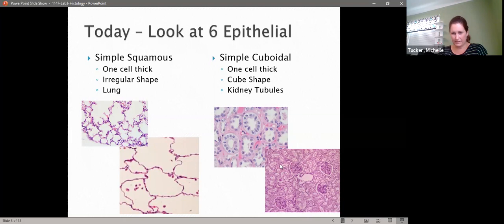This is a kidney tubule here. This is a glomerulus, and the glomerulus tells you that you're looking at kidney structure. And this structure here is the kidney tubule.